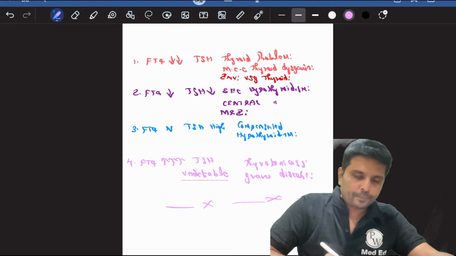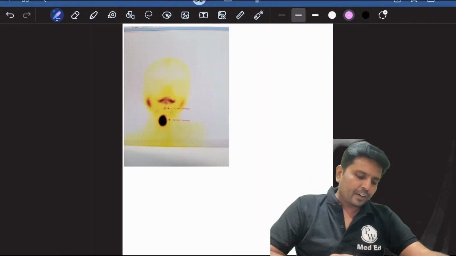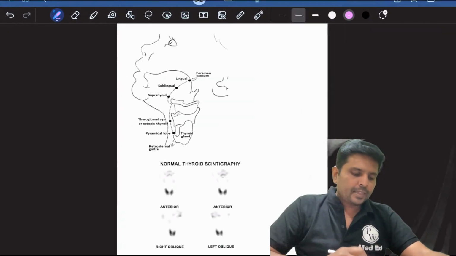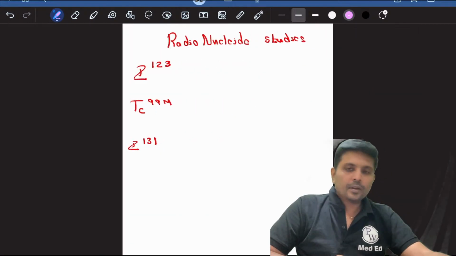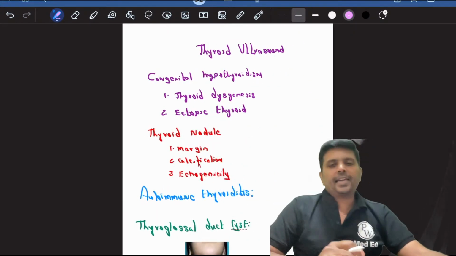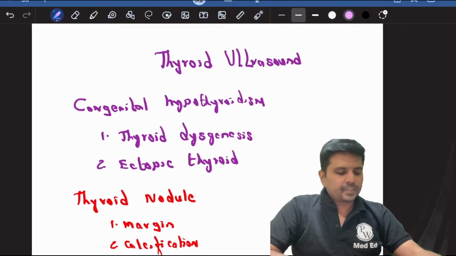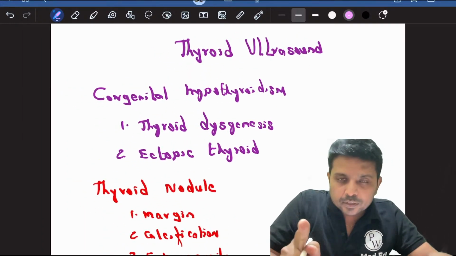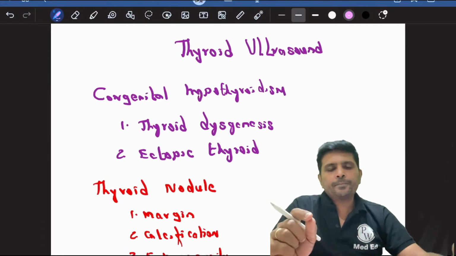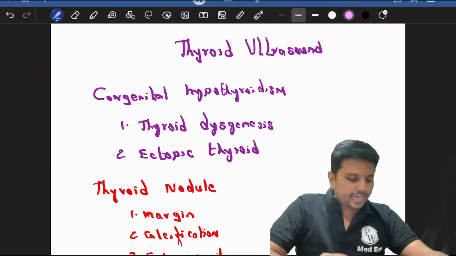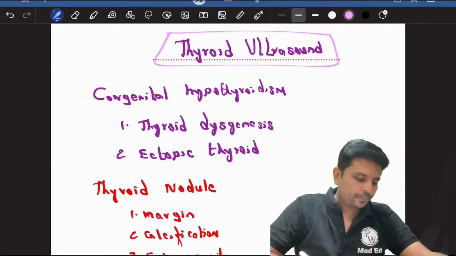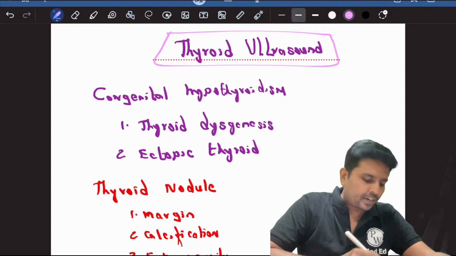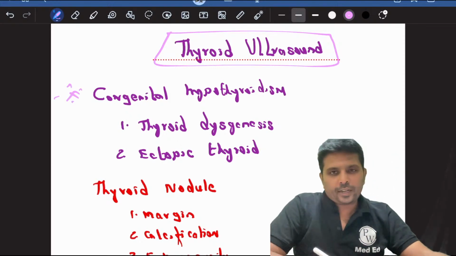Point number one. What are all the other thyroid investigations we have? The other one that we have is thyroid ultrasound. First investigation of choice is T4 and TSH. Second investigation for the thyroid gland is thyroid ultrasound. So what happens in case of congenital hypothyroidism?